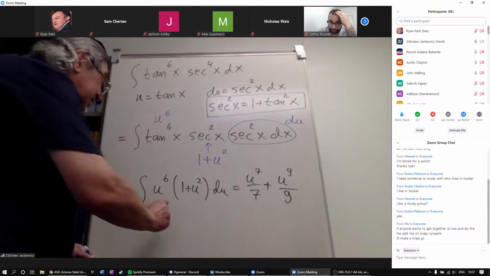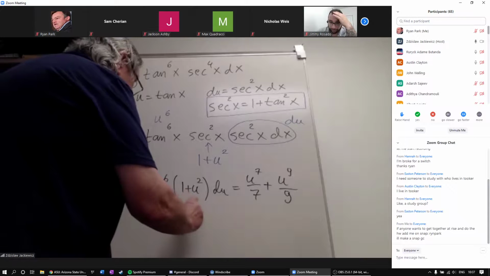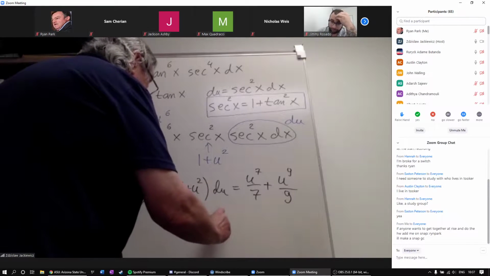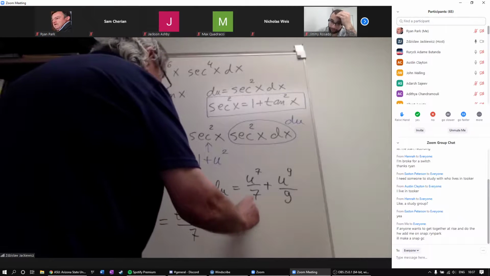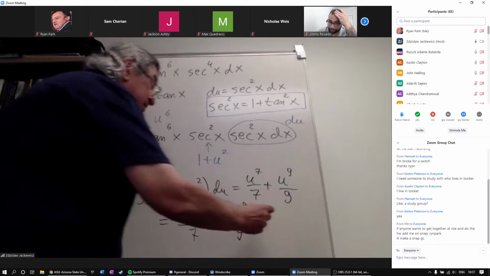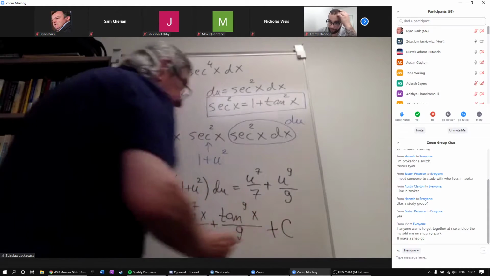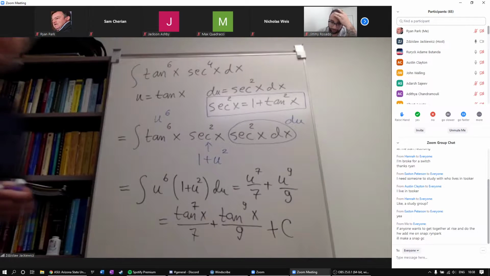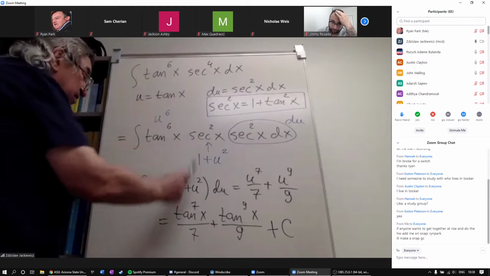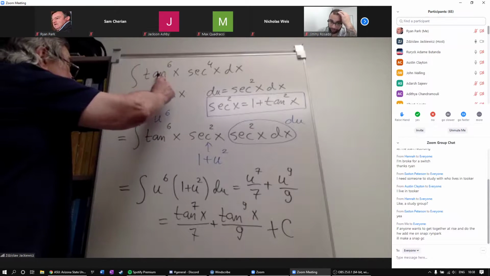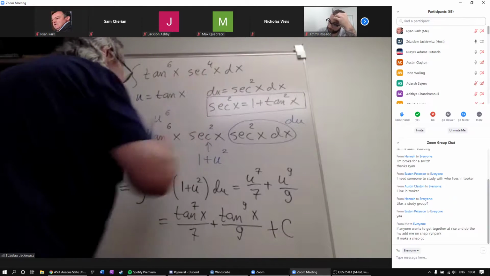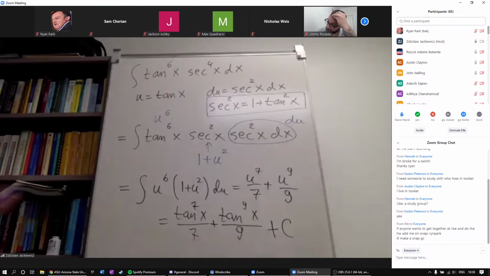So the final answer is tangent to the power 7 x over 7 plus tangent to the power 9 over 9. And we finished. You can add the constant of integration. So again, this trick will work for any even power. Tangent to the even power, secant to the even power, this thing will work.